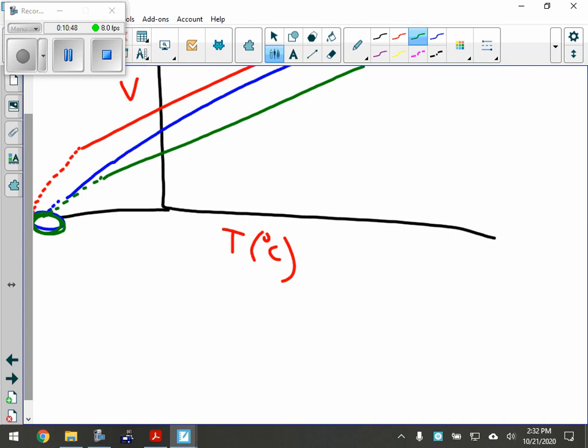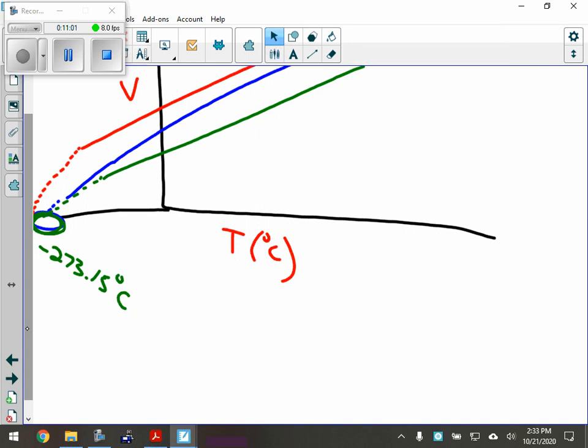They all kind of come to the same number. And he said, what is that number? That's probably going to be negative 273.15 degrees Celsius. Now, please know this, because I hear it all the time.